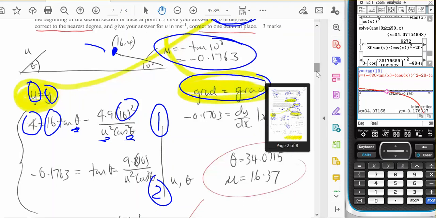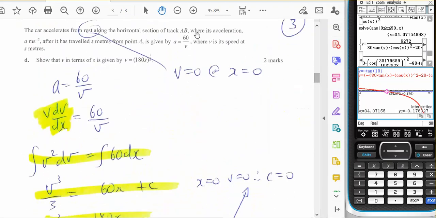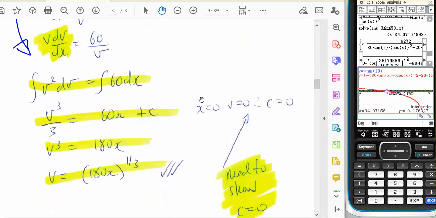Moving further into the question, we were told that we have this expression for acceleration. So I need to replace my acceleration with a good substitution. And since I've got velocity and distance, I'm going to use v dv/dx, then separation of variables, adding my constant c, then making it at rest.